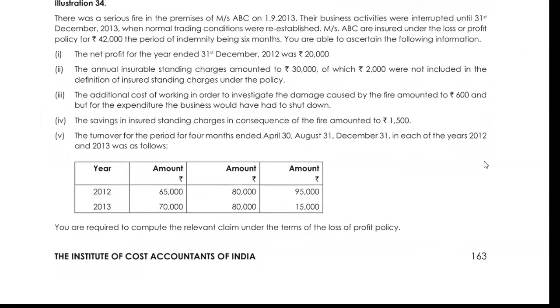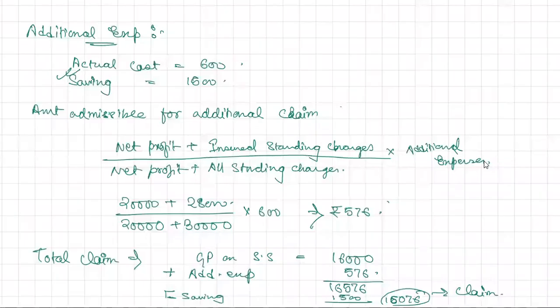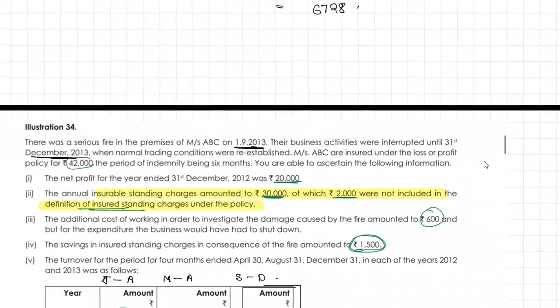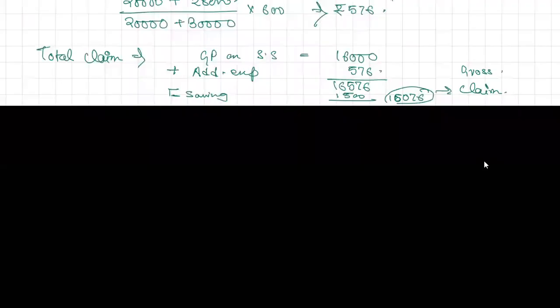Relevant claim under the term. Sorry. It is not yet completed. So this is not our claim. It is actually our gross claim. Correct? Gross claim. Policy amount was of 42,000. So to calculate proportionate, we have to apply average cost.